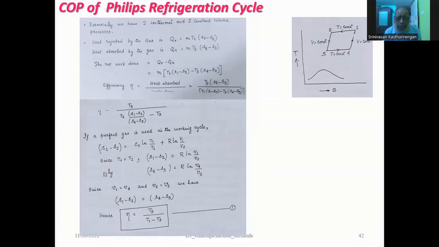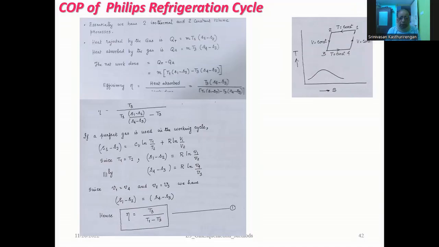Now heat is rejected by the gas, and that heat rejection takes place in the first process. In the isothermal compression process, heat is getting rejected. So you can write heat rejection QR, or QR dot, if you would like, is equal to m into T1 into (S1 minus S2).